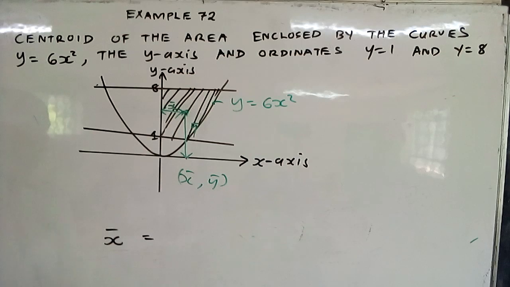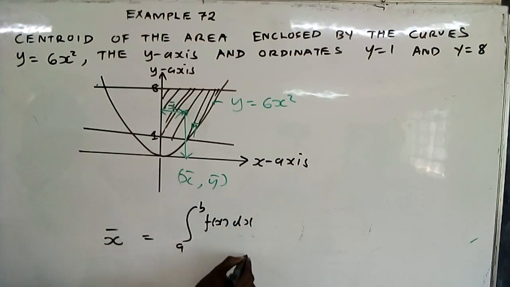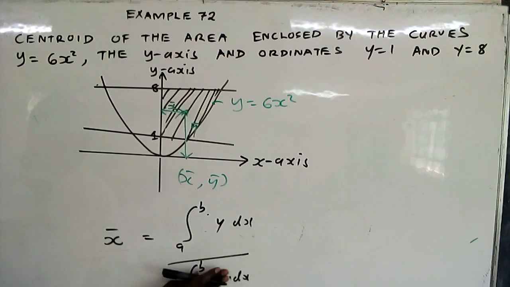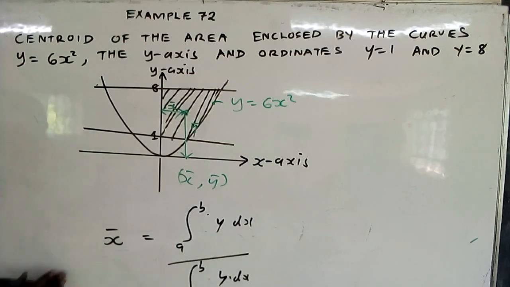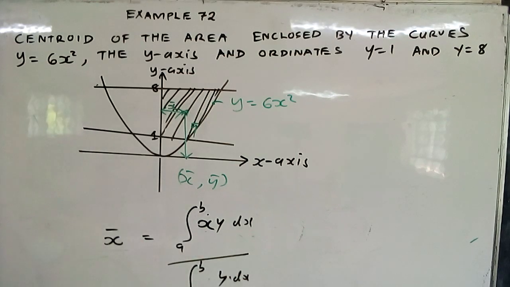So you are integrating from a to b, f of x dx over the integral from a to b, f of x dx. Now if y is a function of x, where there is f of x, you put y. So if you're looking for x bar, you simply multiply the numerator with x. Are we together?